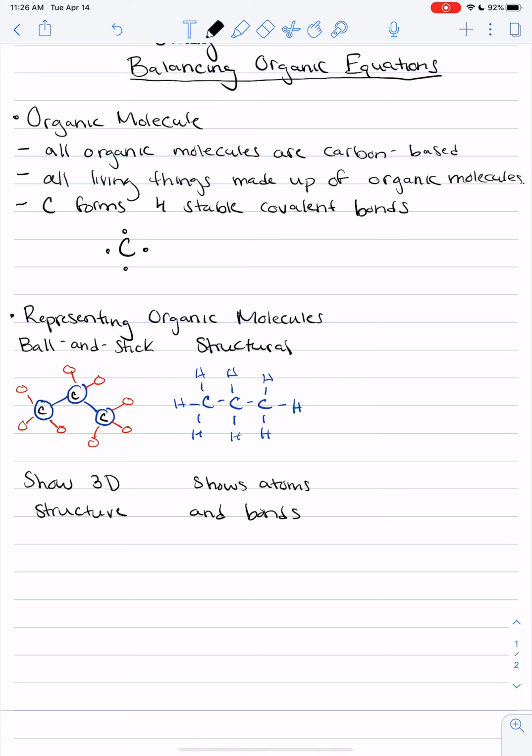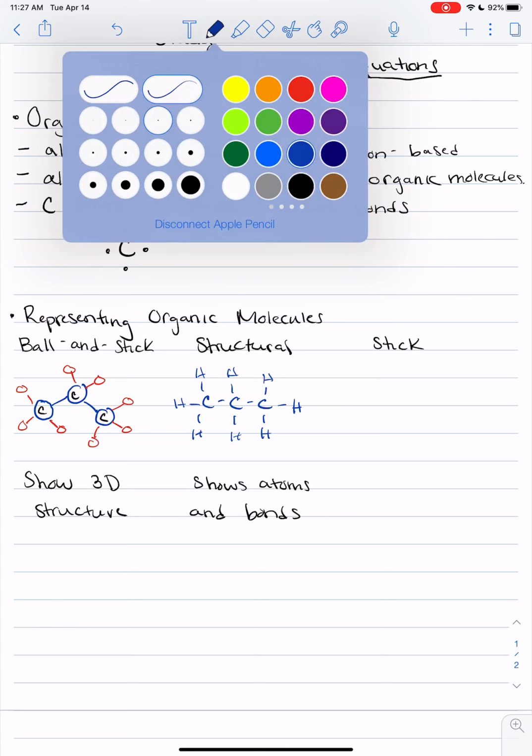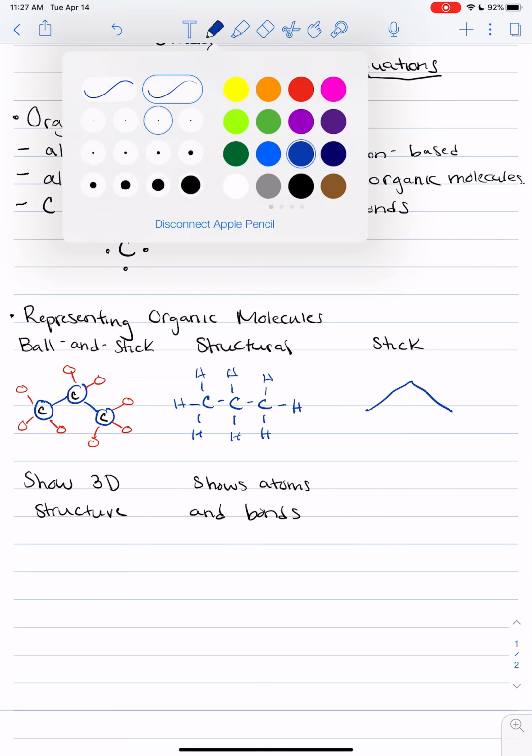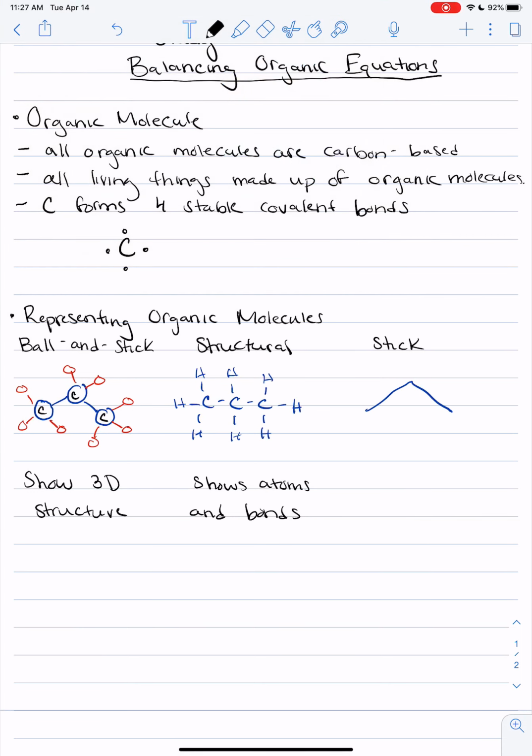And the last model is the stick model. Now, the stick model is simpler, but a little more complicated to understand. So, the stick model, it is a shortcut. It's useful because it's a shortcut, okay? But it doesn't show any of the atoms written out.